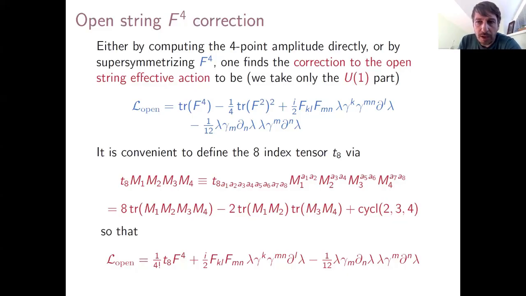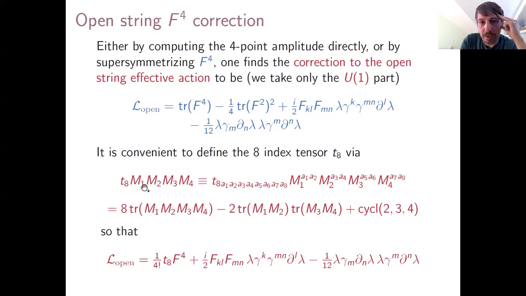Now, it turns out to be convenient. I mean, here it doesn't make much of a difference, but for the closed string case, it's convenient to introduce this 8-index tensor T8, and it's conventional to do this. So you define this 8-index tensor in the following way.